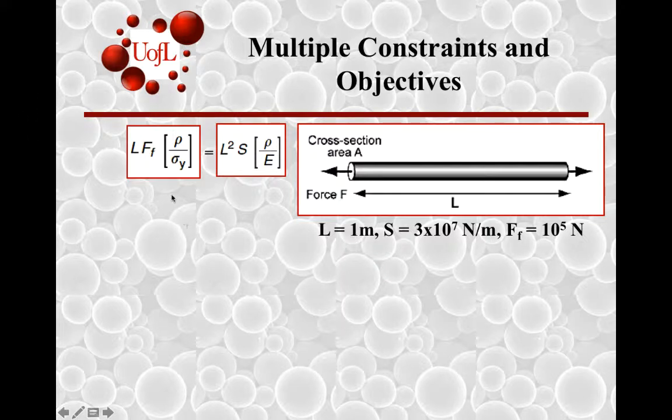When you select the two masses to be equal to each other, computed by the two methods, you basically have a scenario where if you rearrange terms, you have a material index M2 will be equal to a material index M1, in this case these two, and you have LS divided by the failure strength.